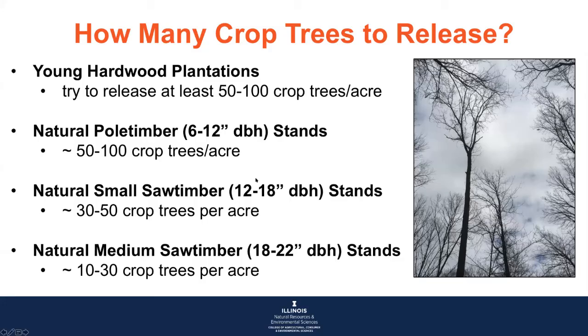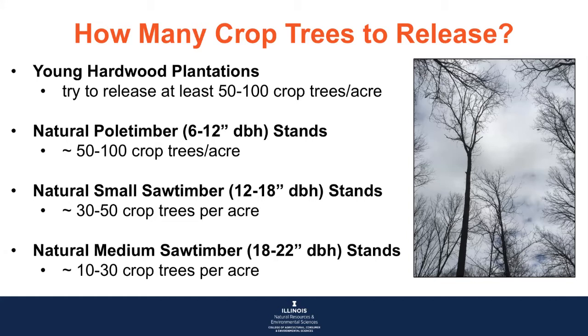So how many crop trees do we release? So it depends, okay? That's your standard answer, it depends. So in young hardwood plantations, I typically try to release at least 50 to 100 crop trees per acre. And the advantage of releasing young hardwood plantations is that typically they're planted on kind of a rigid spacing.